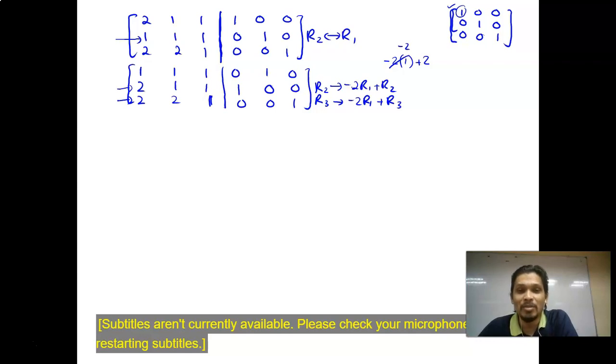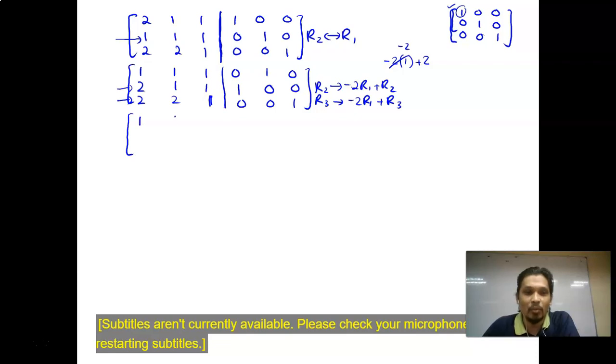Same thing goes to this one here, because 2 and 1, we're going to use the same instruction, only with R1 and R3, and this one is R1 with R2. So we're going to rewrite all this. There's only changes in R2 and R3. Nothing happened, no change in R1.